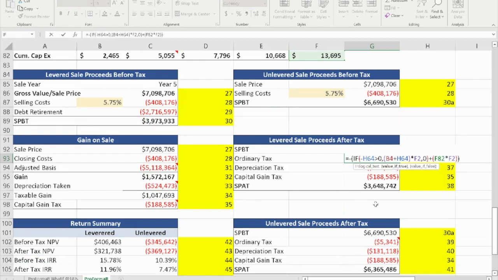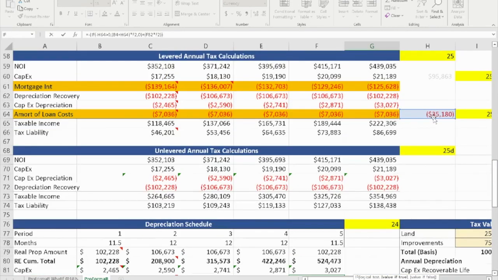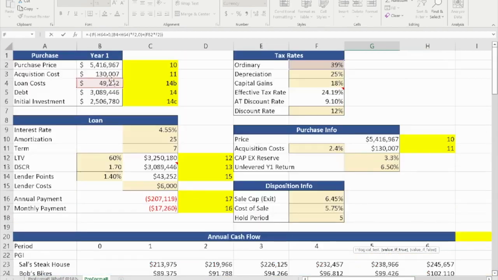I apologize that I'm coughing. So the formula for the ordinary taxes is equal negative, open paren, IF, open paren, negative 864, which is simply the total amortized loan cost over the 5-year period. If that number is greater than 0, then you will use the loan cost, which is B4, which is 49,000.